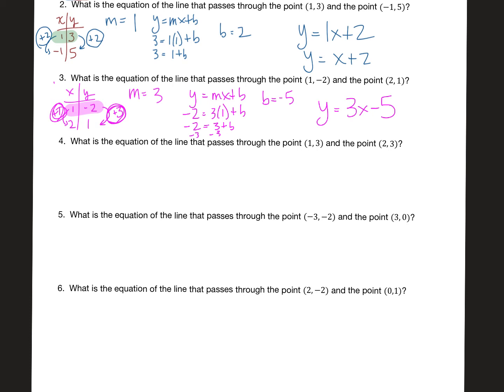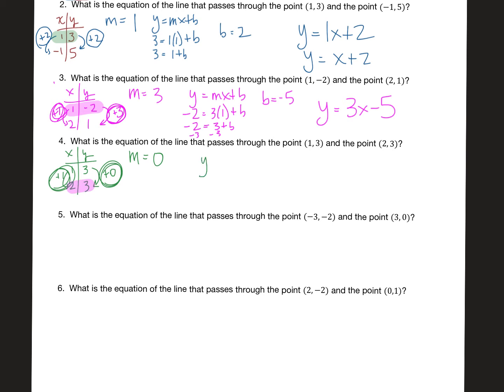All right, for this next one, again, setting up my little table, my x and y, and my x and my y. So change of y is 0. Interesting. Change of x is 1, which means when I do the change of y over the change of x, I get 0. So let's pick one of these ordered pairs. I think I'm going to pick that one.